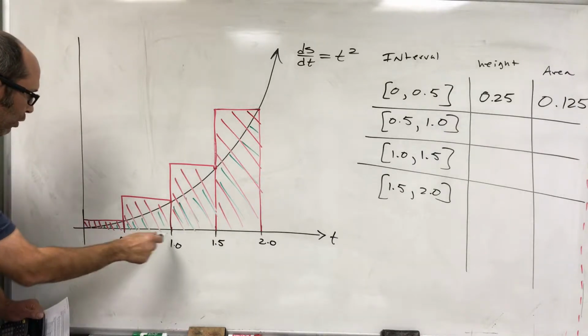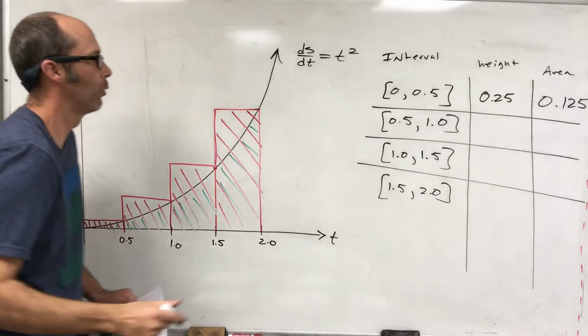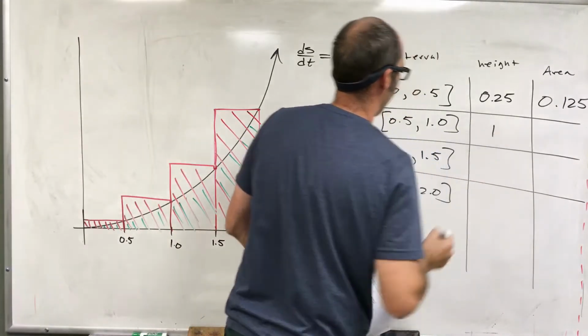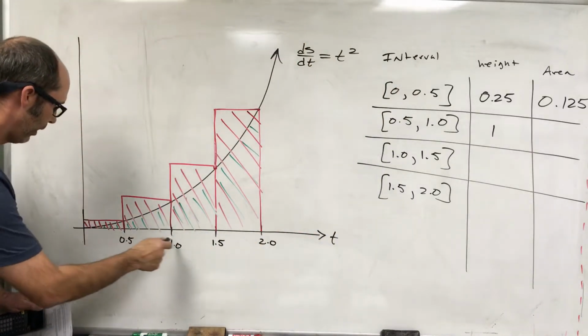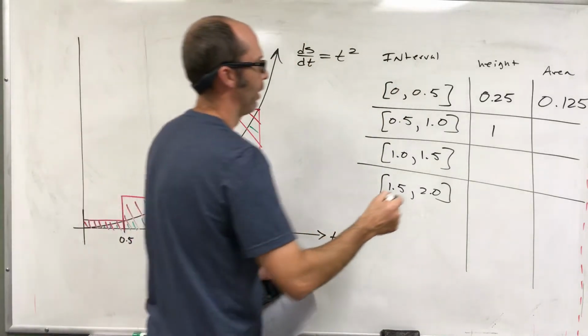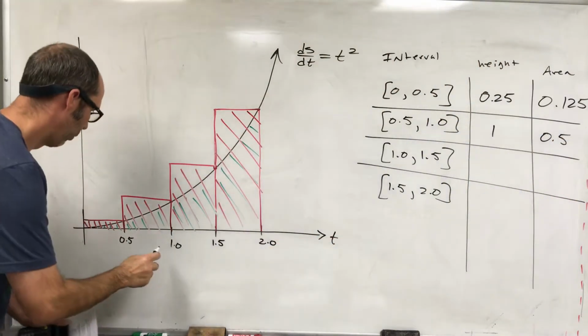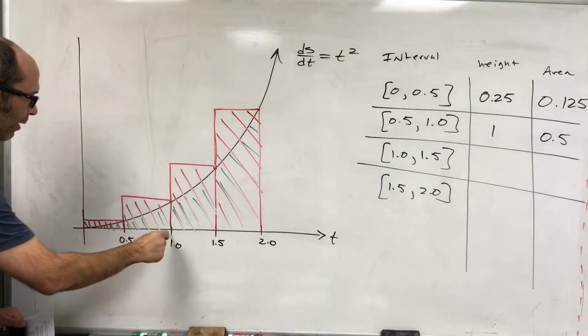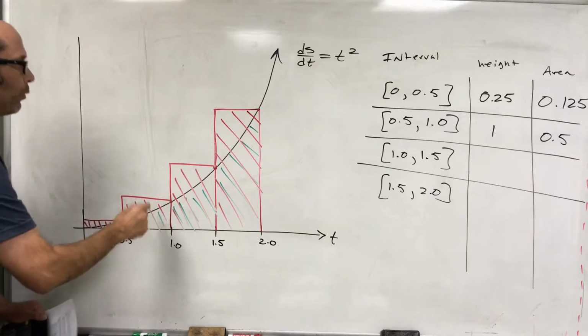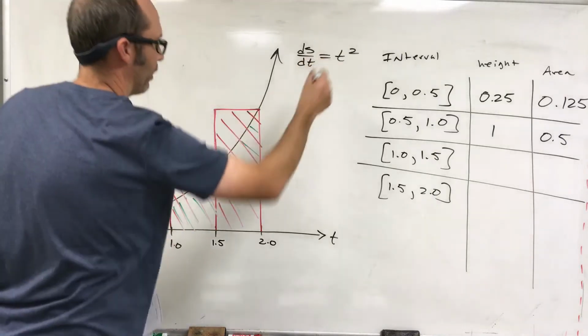Now for this interval, my height you can see is 1 squared, or 1. My width is 0.5. So my area is 0.5. Remember, area is length times width. The width is always the same, and the height is the right endpoint plugged into my function.